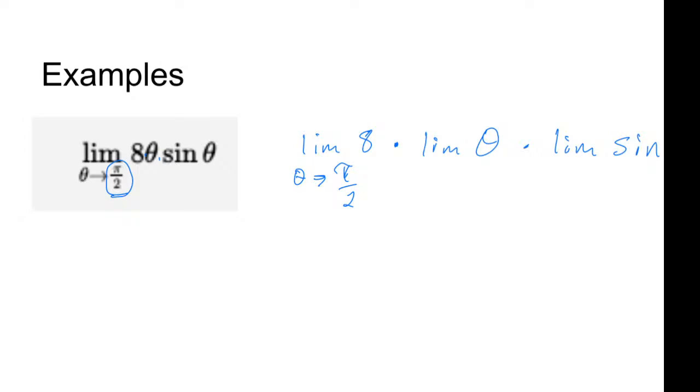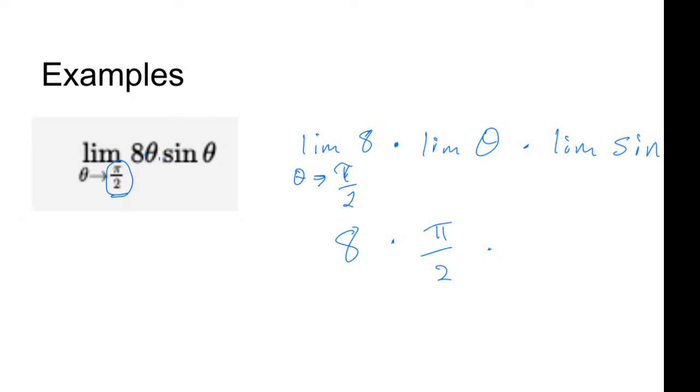Well, what's the limit of 8 as theta goes to pi over 2? 8. Good, because it's a constant, so we applied the constant law. What's the limit of theta as theta goes to pi over 2? Pi over 2, because theta is just like that function x. So far we would have 8 pi over 2, or 4 pi. But we're not done yet.